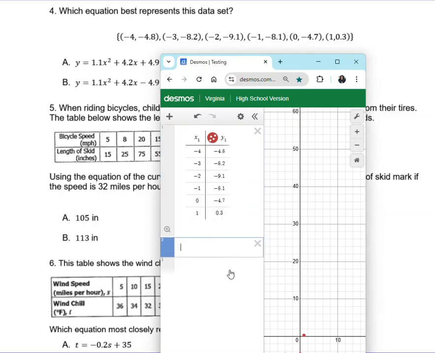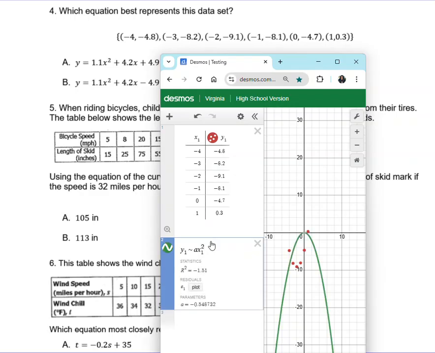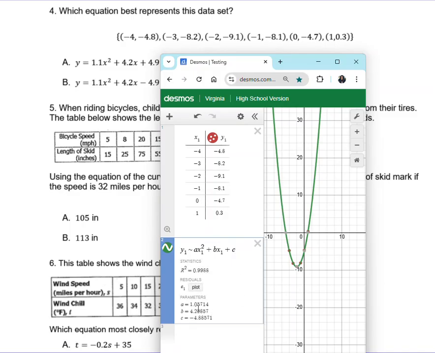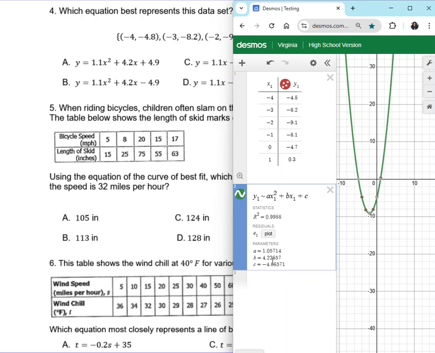All right, and then I'm just going to find it. That definitely looks like a quadratic, right? So you're going to do the quadratic regression, because I do not feel like typing all the answer choices in, but you can if you'd like. All right, so that's 1.5, 4.2, and -4.9.